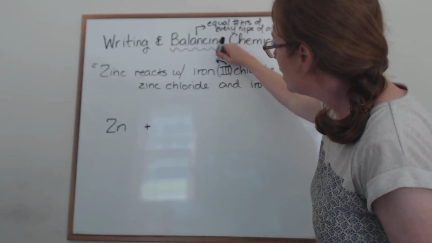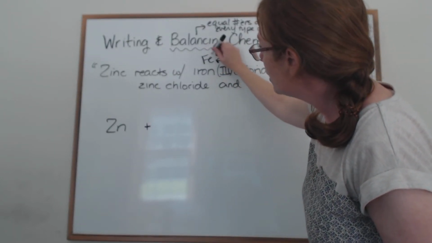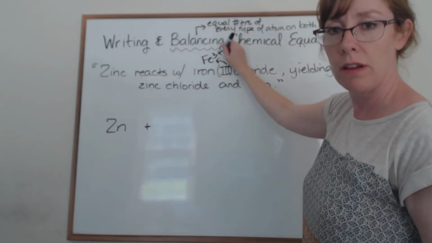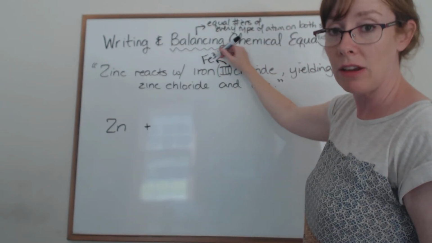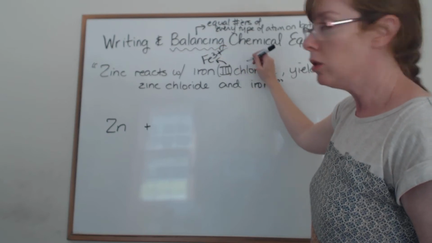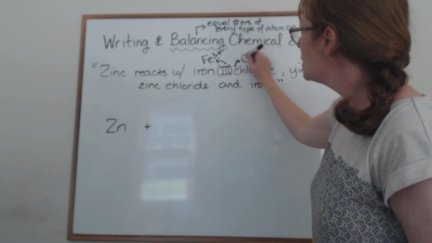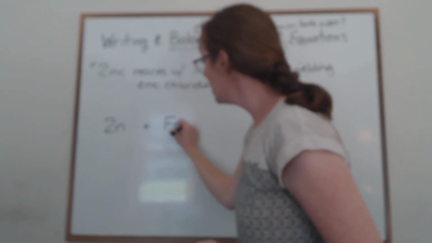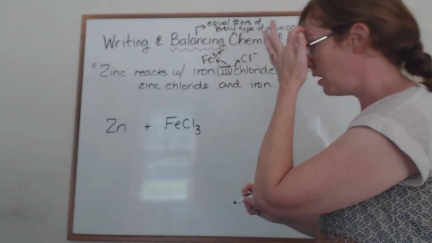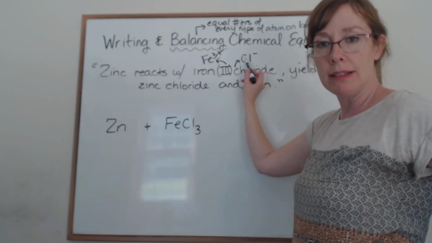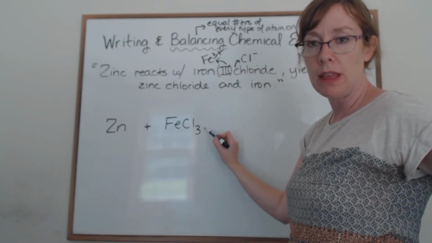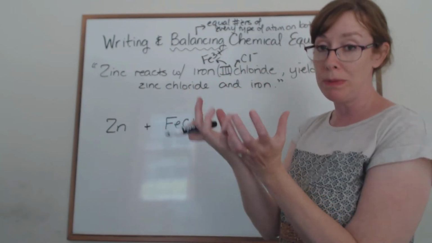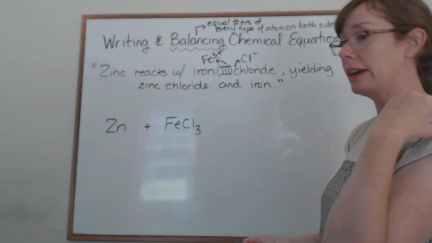Remember, the iron 3 is telling you that it's the 3 plus cation of iron that's in there. Chloride, when it's an ion, is Cl minus. So how many of each do you need? Well, you would need 3 of the chloride ions to balance out every one of them. And that is the formula unit that would be neutral in that lattice structure.